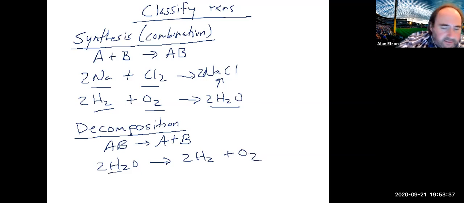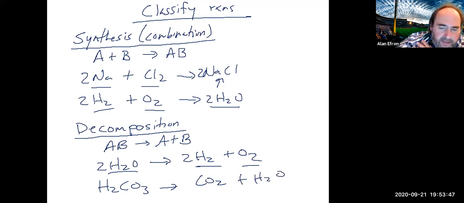One thing makes two things. Carbonic acid, which is H2CO3, breaks apart really quickly into CO2 and water. One thing makes a couple of things. So that's your classic decomposition reaction, starting with one thing and breaking it apart.